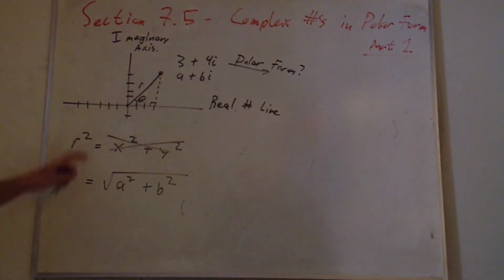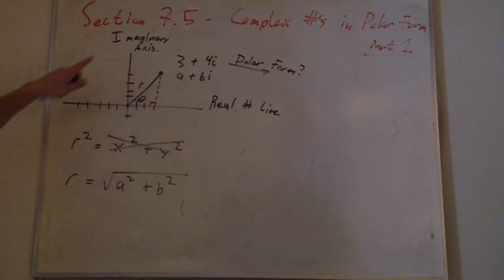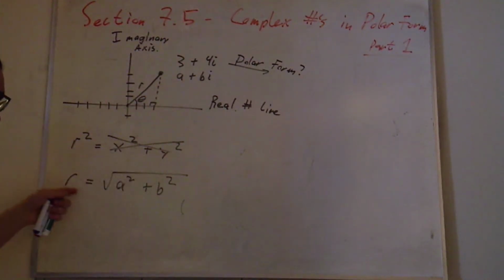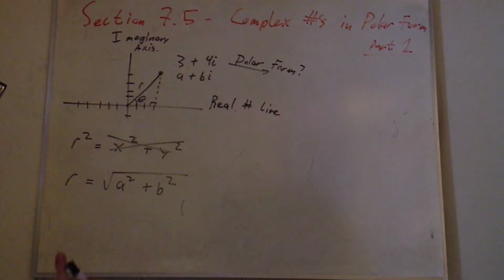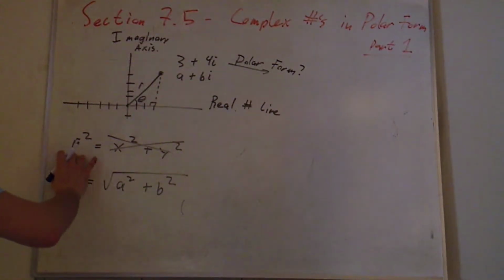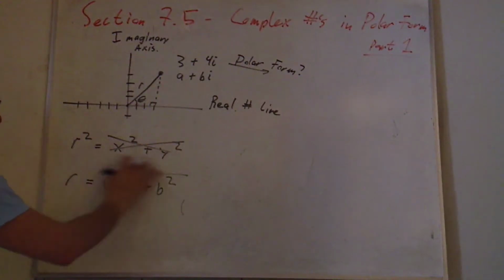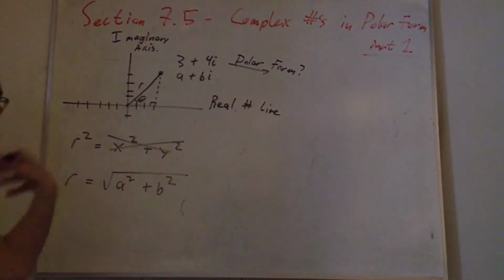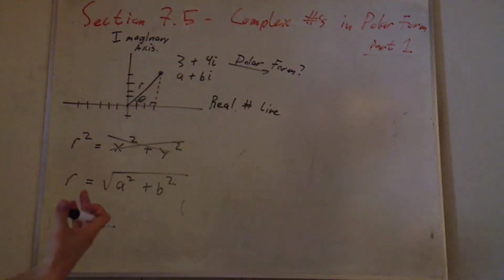And for this section, we're pretty much always going to use positive r values. So in the last section we had this ongoing challenge where I wanted to leave it in this form without any square roots, because sometimes r was positive, sometimes r was negative.